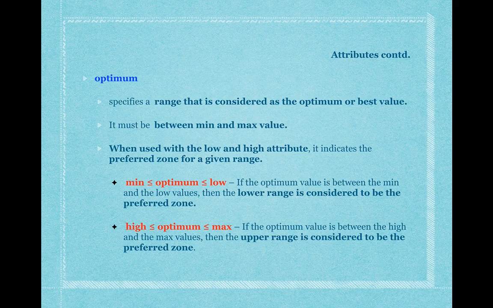If the optimum value falls between min and low values, then the lower range is considered as the preferred zone. If the optimum value falls between high and max values, then the upper range is considered to be the preferred zone.